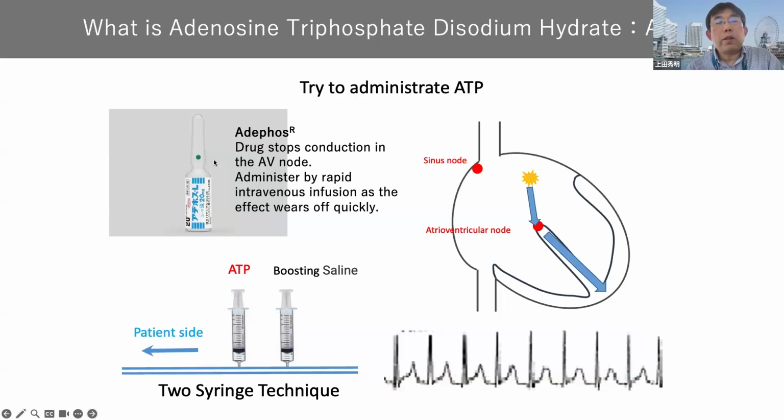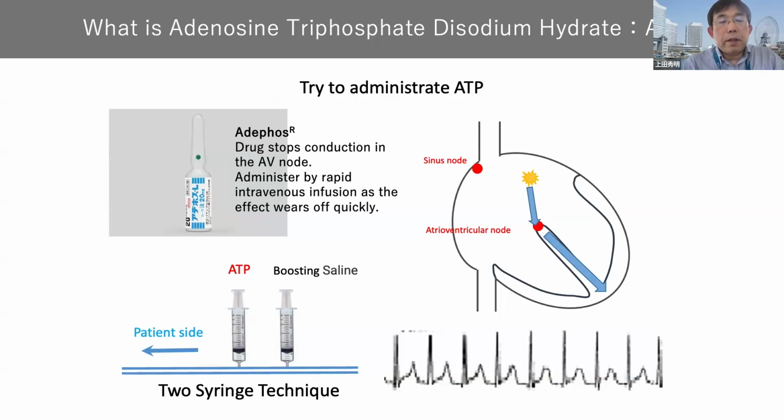So what is ATP, adenosine triphosphate, used for? Whenever we see SVT, we are recommended to use ATP first because it delays the AV node conduction.